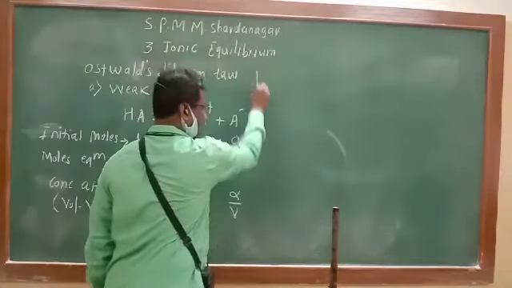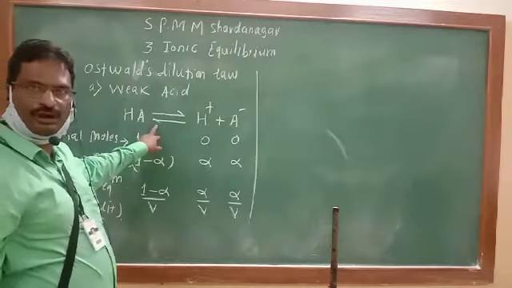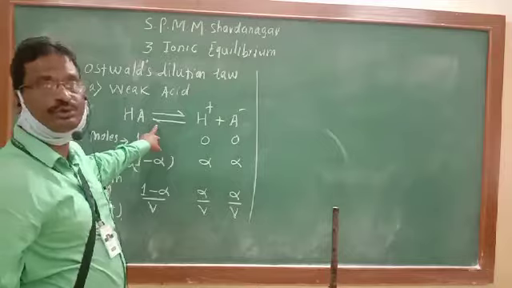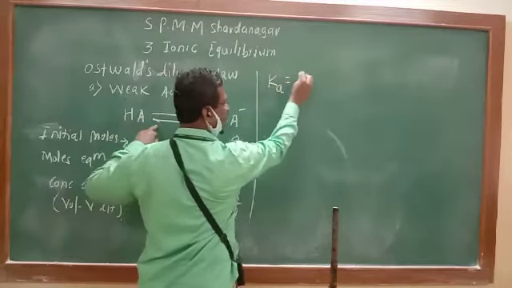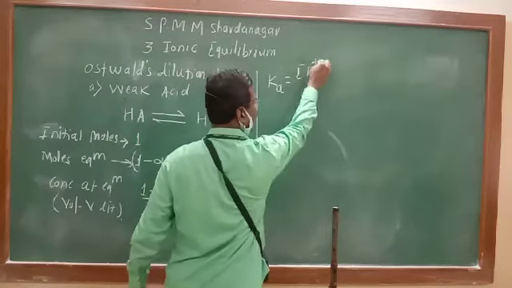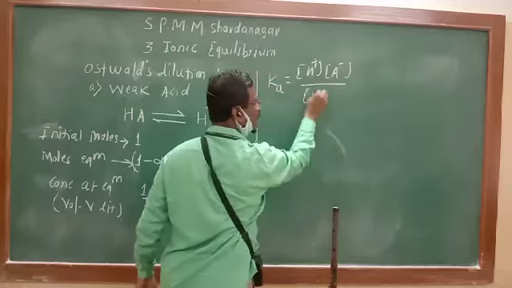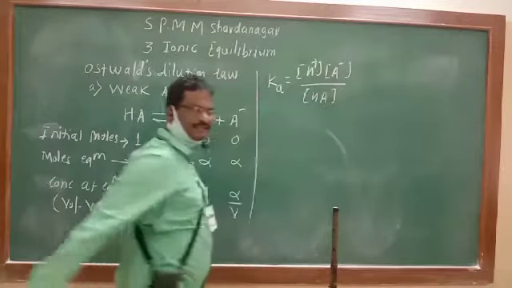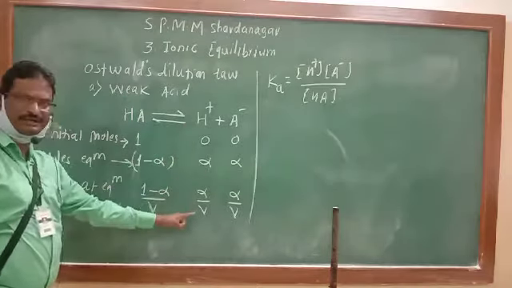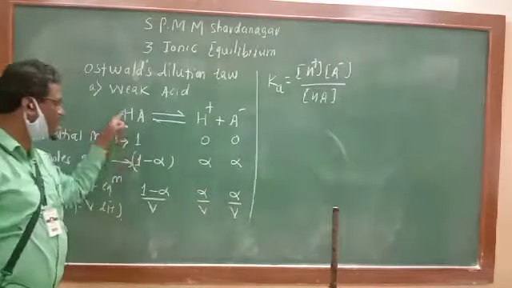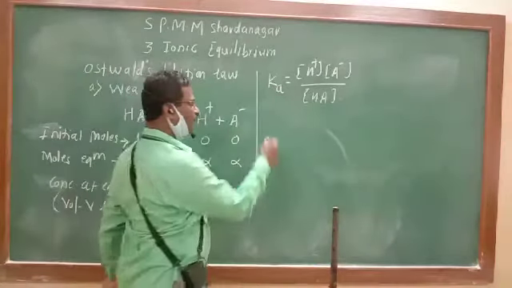Now see that expression. For this reaction, we know the dissociation constant. Since it is acid, dissociation constant Ka will be equal to concentration of H plus ion into concentration of A minus ion divided by concentration of HA. So substitute these values. Substituting in this equation, what can we write?